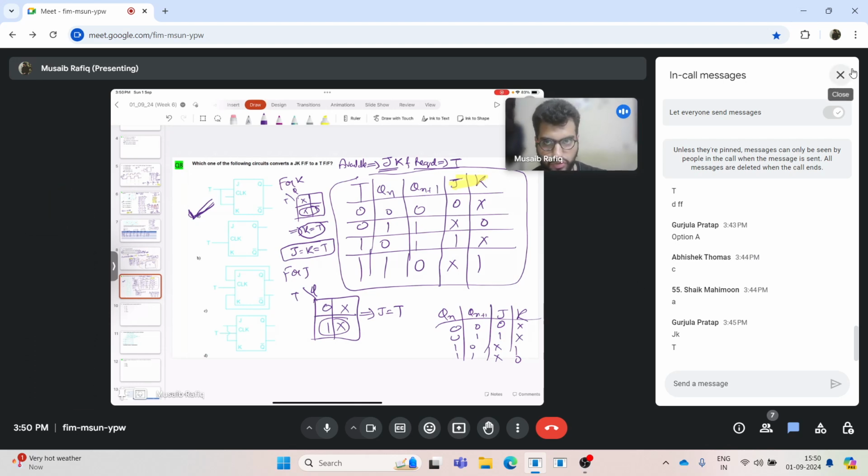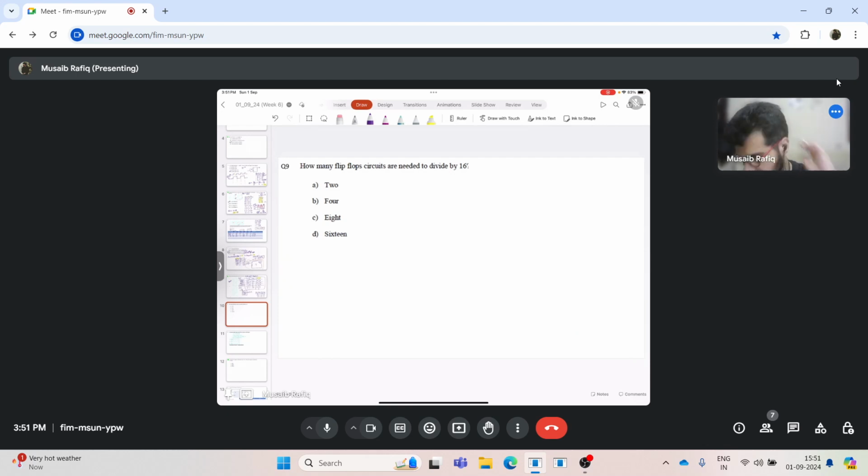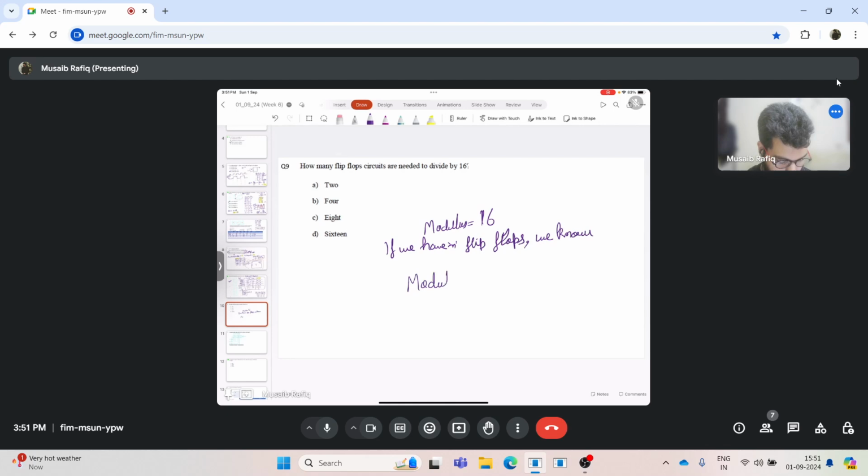So this was question number 8 of today's live session. Now question number 9 asks us how many flip-flops are needed to divide by 16. That basically means the modulus of the circuit is 16, and if we have n flip-flops, we know modulus should always be less than or equal to 2 raised to the power n.